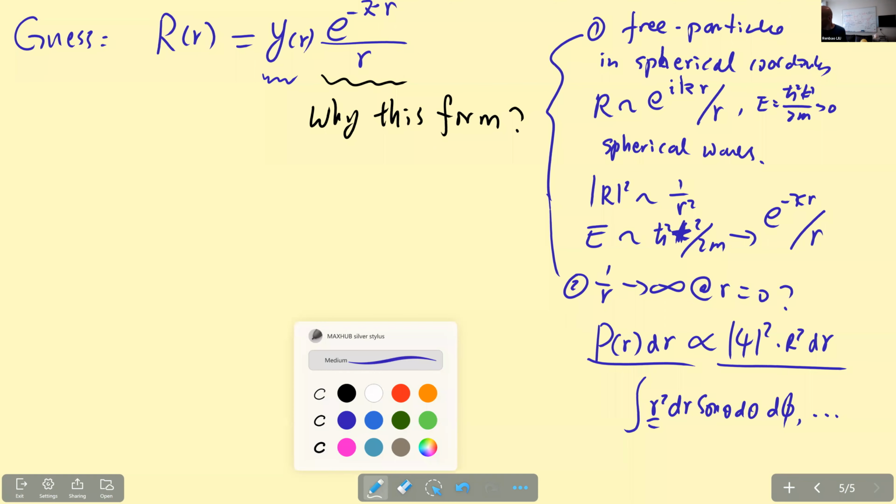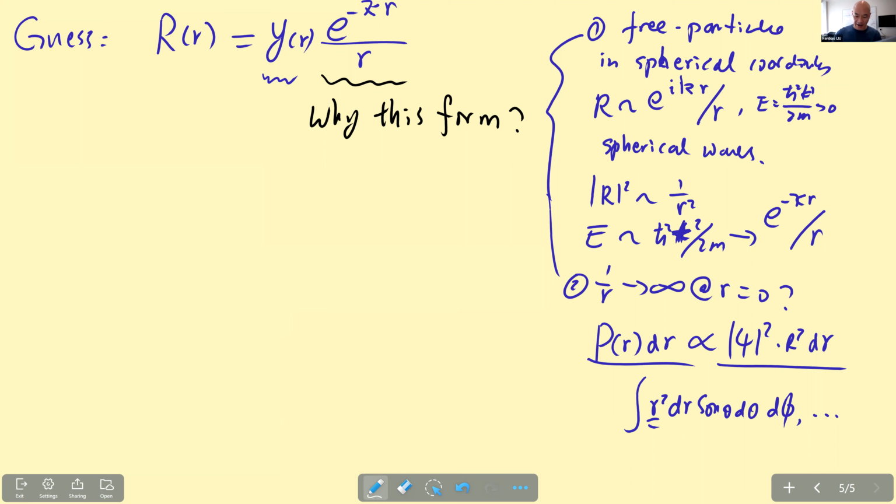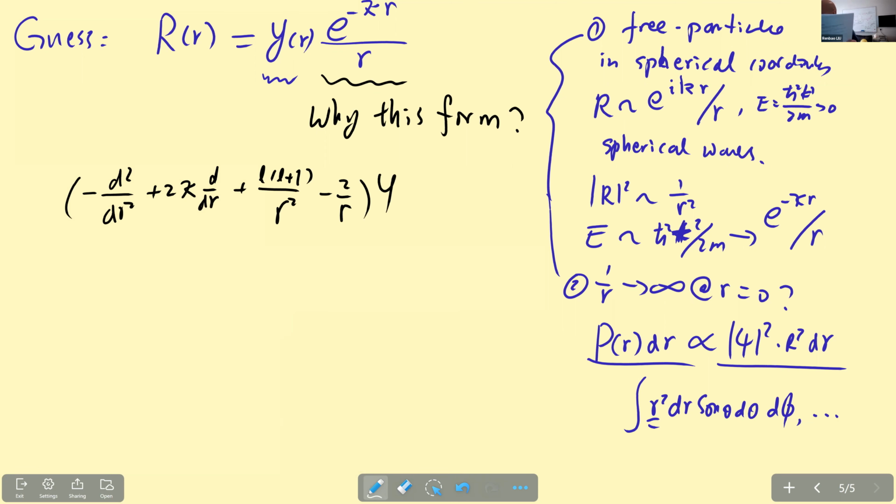Okay, so with this one, you put this one into that one, so you get an equation for y. That's a lot simpler. Okay, so you get minus d squared over dr squared plus 2 kappa d over dr plus L times L plus 1 over r squared minus 2 over r, and this acting on y equals 0.